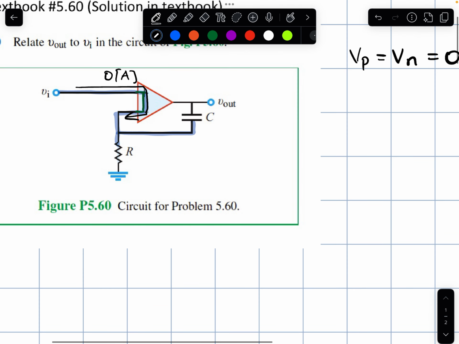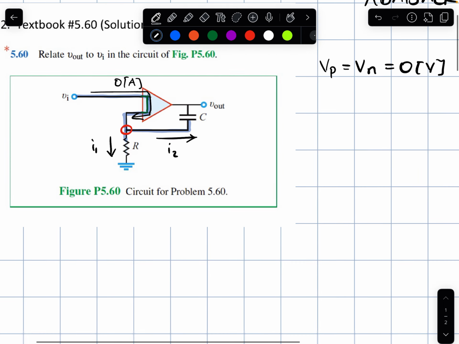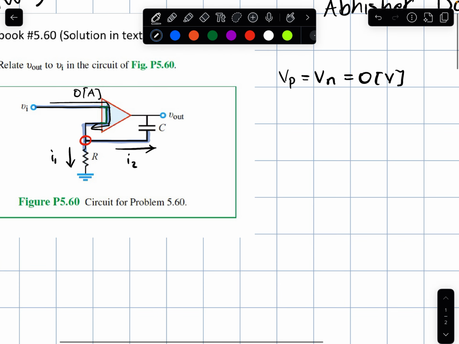And therefore, if we do a KCL here, the only two currents that will play a part in this will be current going across the resistor, which I'll call I1, current going towards the capacitor, which I'll call I2. Now, that KCL will be I1 plus I2 equals 0.